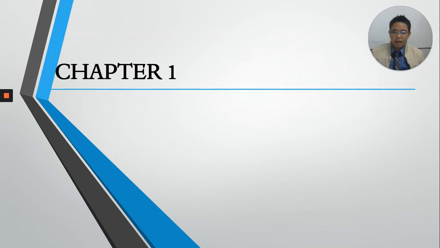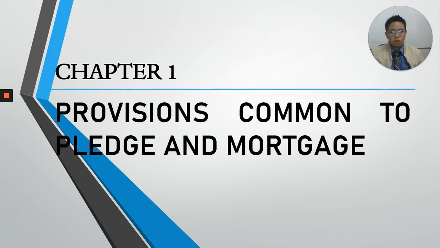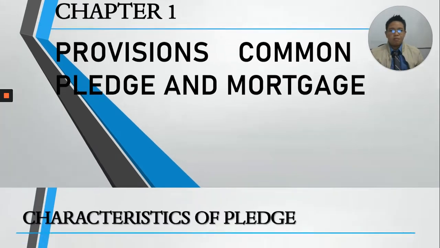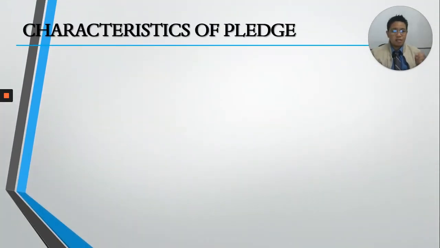So anyway, ang i-discuss ko today is yung Chapter 1, or the provisions which are common to pledge and mortgage. So anyway, before that, we should study first ano ba ang characteristics ng pledge. Later on in Chapter 3 and Chapter 5, dun yung malalaman yung mga characteristics ng mortgage.